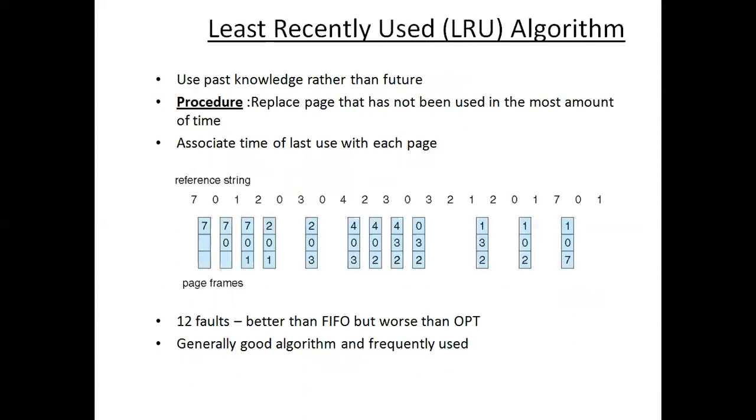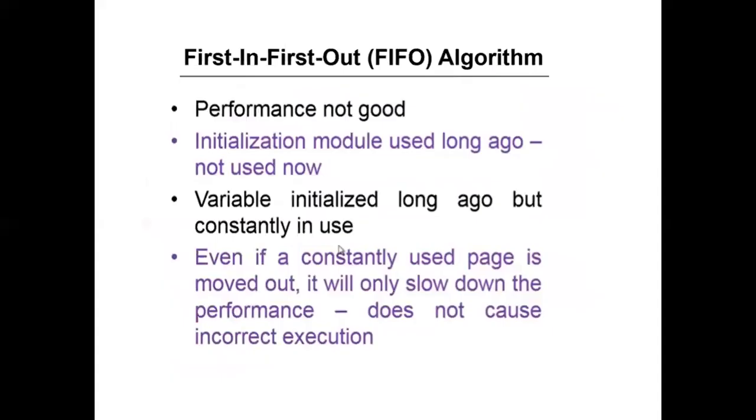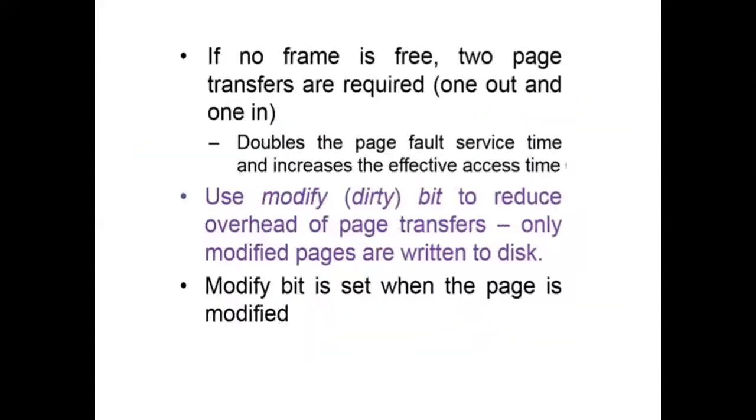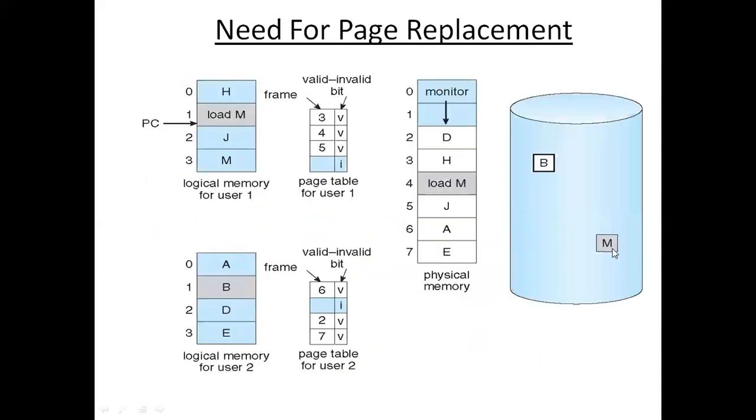When I say I have to bring either B or M onto the physical memory, one of the frames has to be selected such that it is removed and swapped out to the disk. Either this, or this, or this. So which one do you select out of these 6 frames? The frame that you select is called a victim frame.